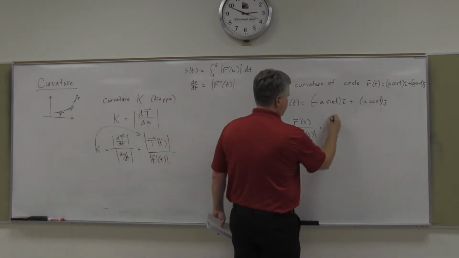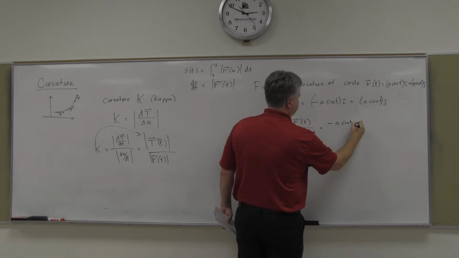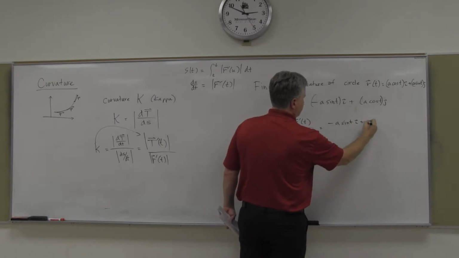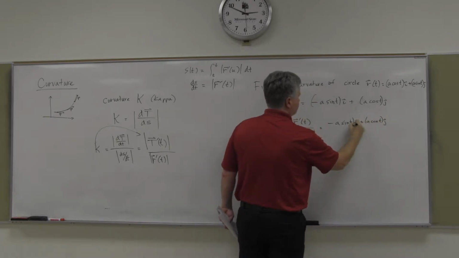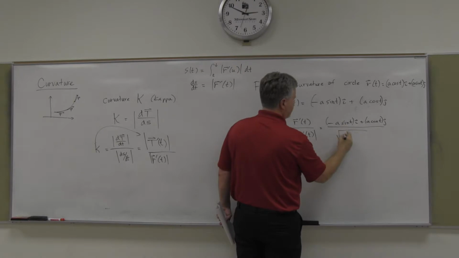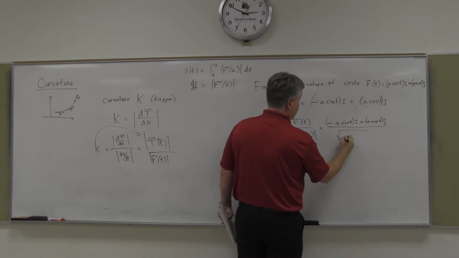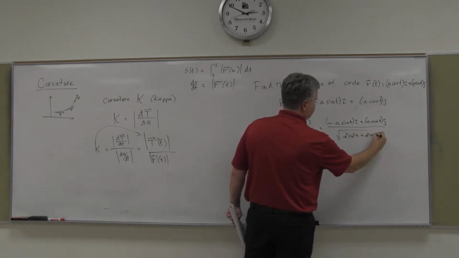So we take that negative a sine t i plus a cosine t j, but divided by the magnitude, which would be the square root of a squared sine squared plus a squared cosine squared.